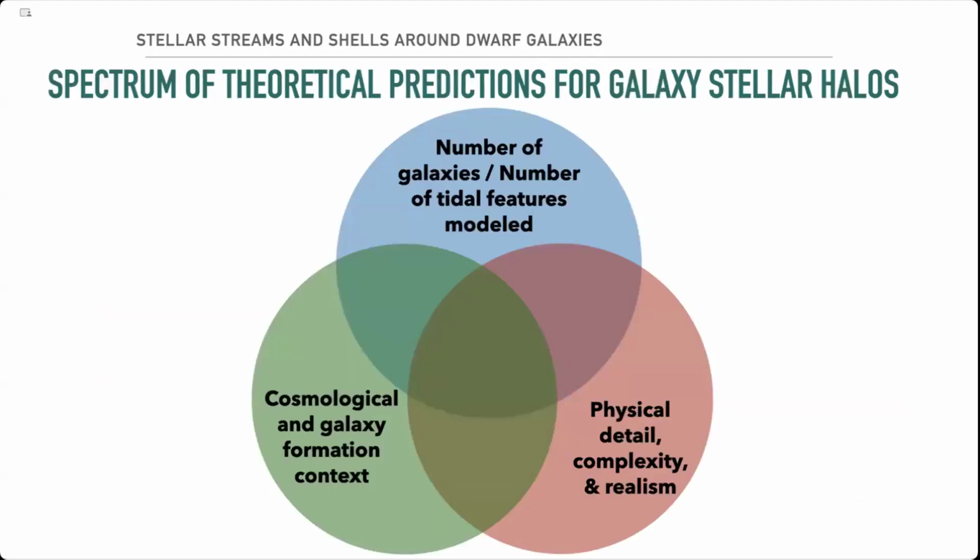On the theory side, I wanted to spend a little bit of time talking about the different ways that we can make predictions for these galaxy stellar halos. And there's a conflict here because we cannot simulate the full galaxy formation history for a large number of galaxies at the resolution where you can study the detailed evolution of dwarf galaxies falling in, how they form streams, and how they get phase mixed into the stellar halo, let alone simulating, for example, globular cluster formation and evolution within a larger galaxy or even within a larger population of galaxies.